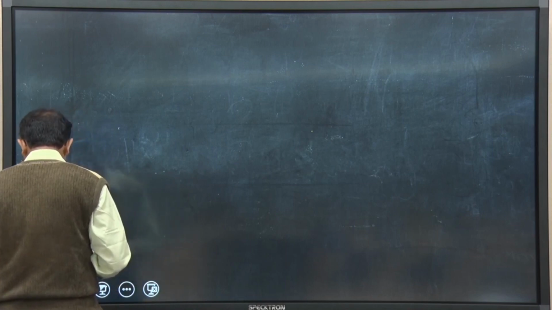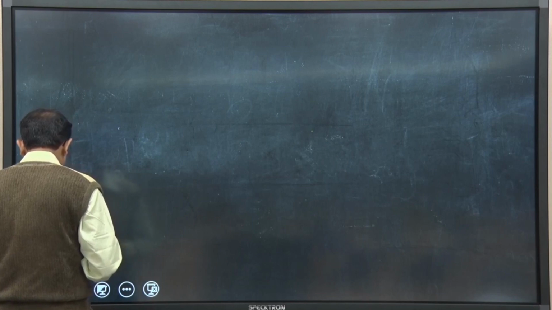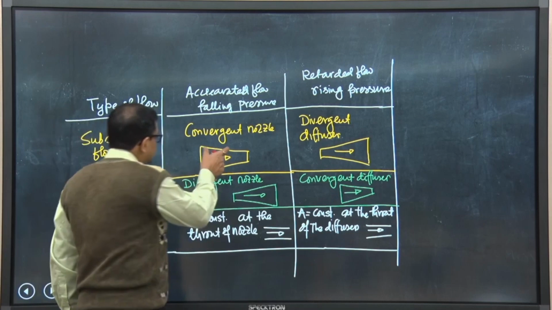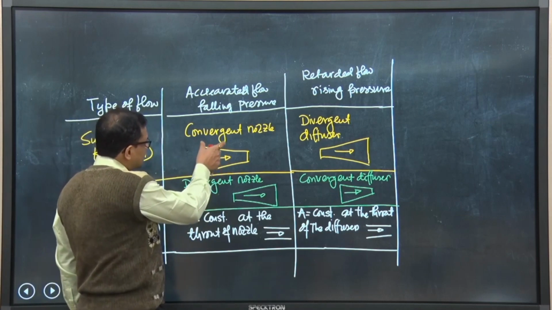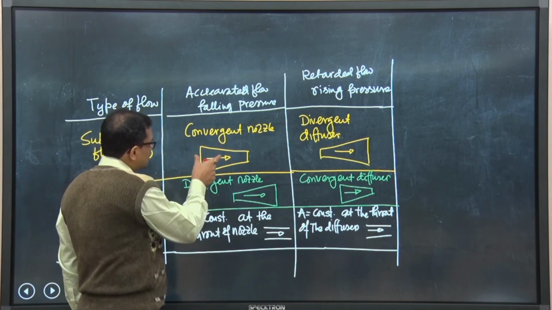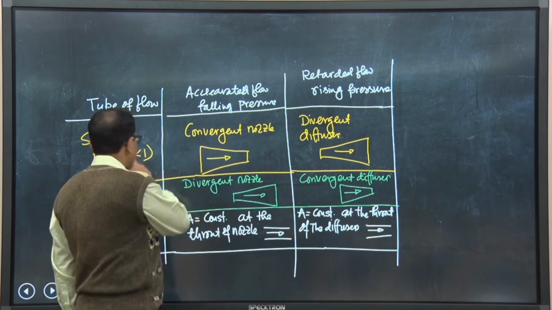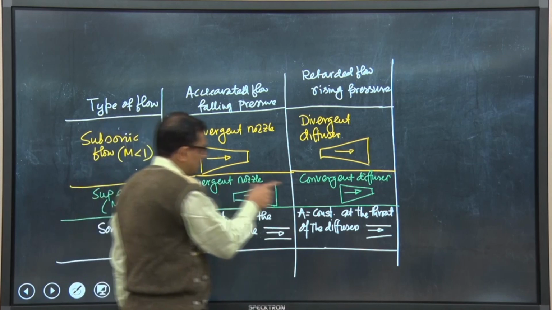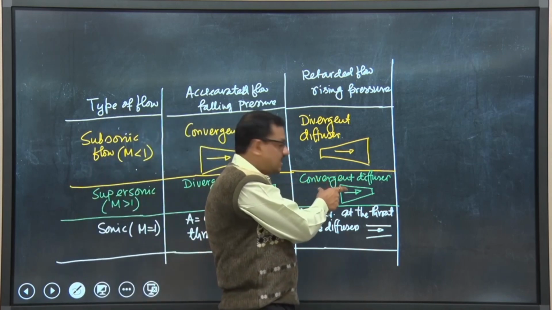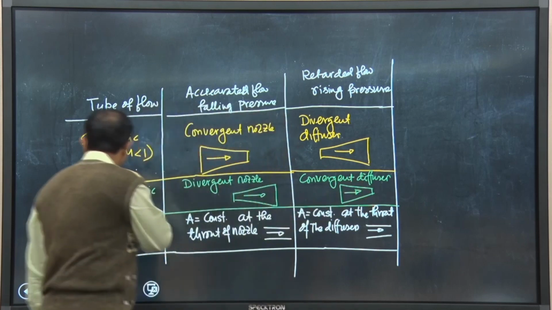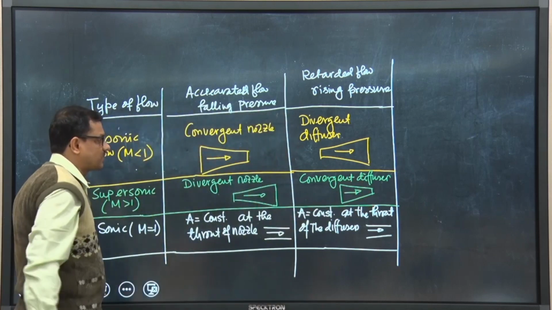From the last part we have seen that the convergent duct behaves just like a nozzle when the flow is subsonic. The same convergent duct can be used as the diffuser when the flow changes from subsonic to supersonic.